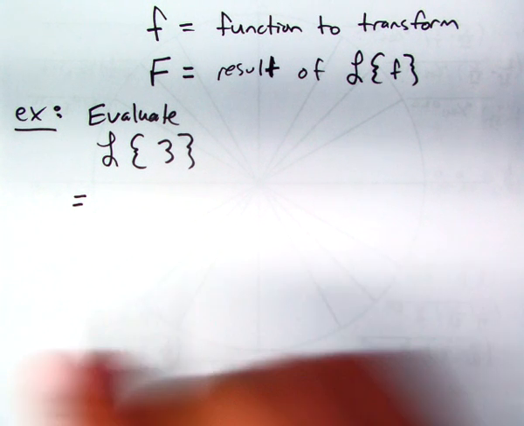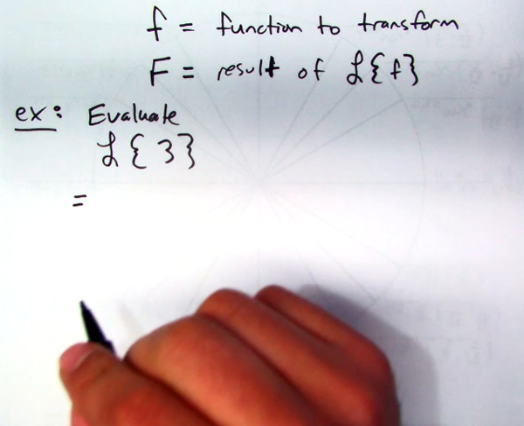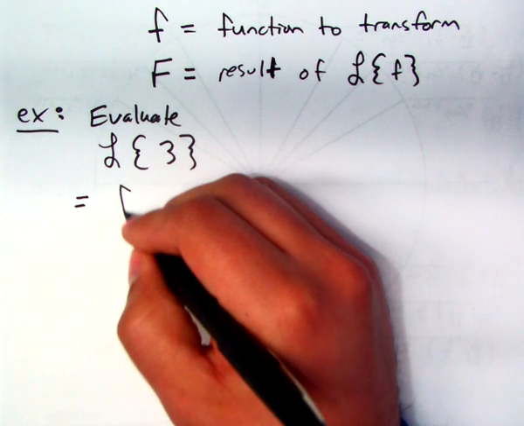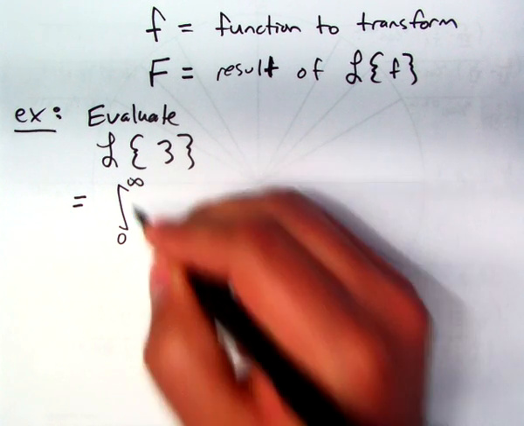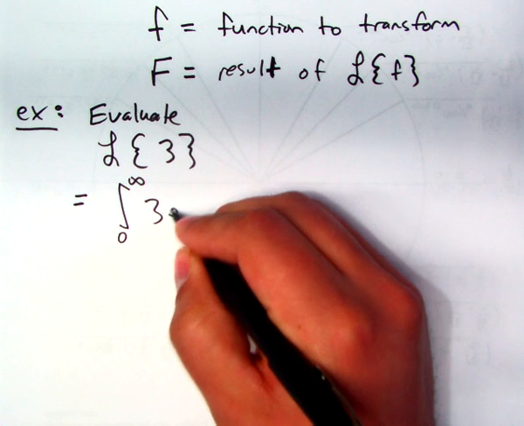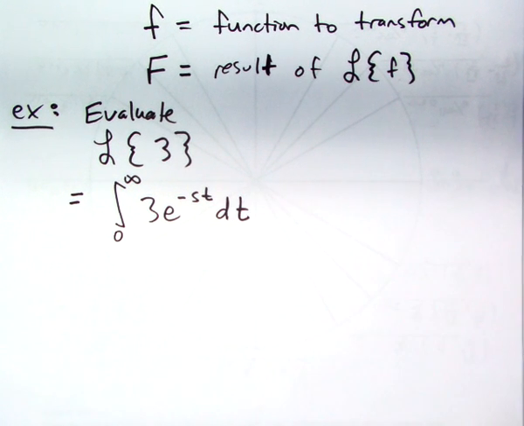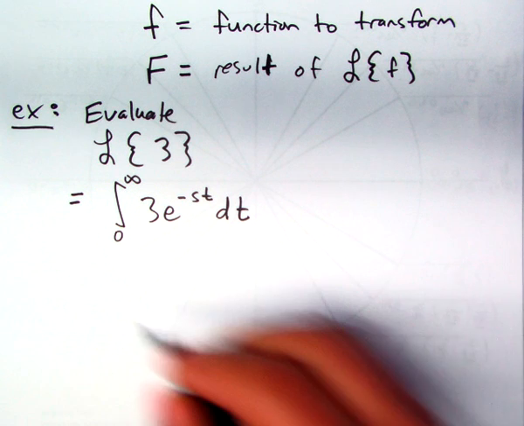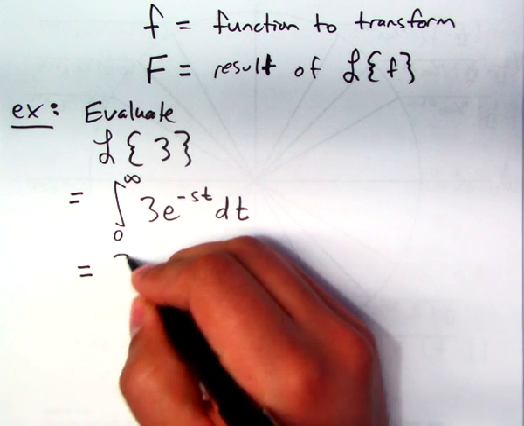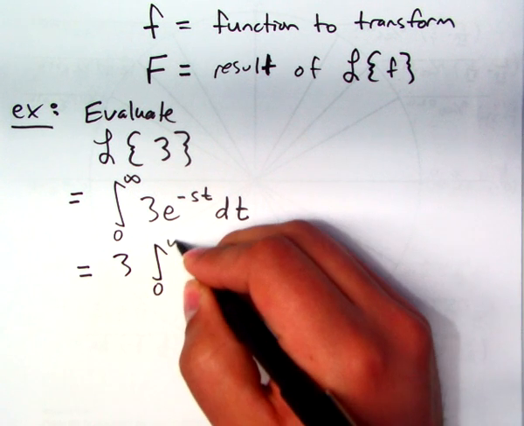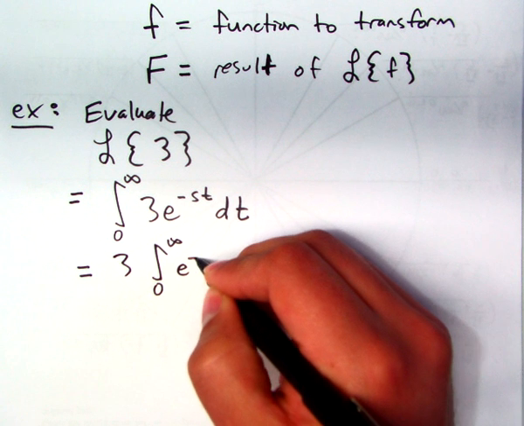In order to do that, we'd have to do the integral from 0 to infinity of what? Good. Which is the same as 3 times the integral from 0 to infinity of e to the minus st dt.